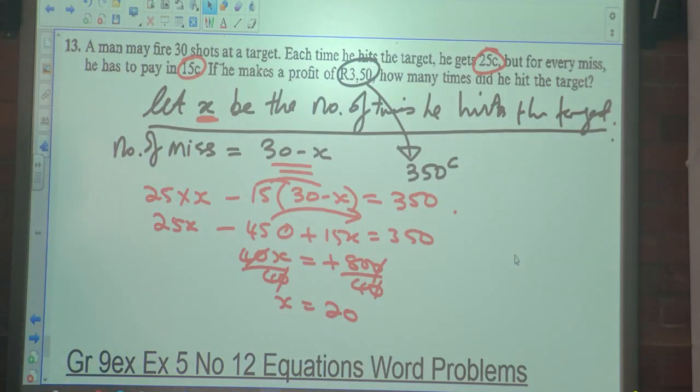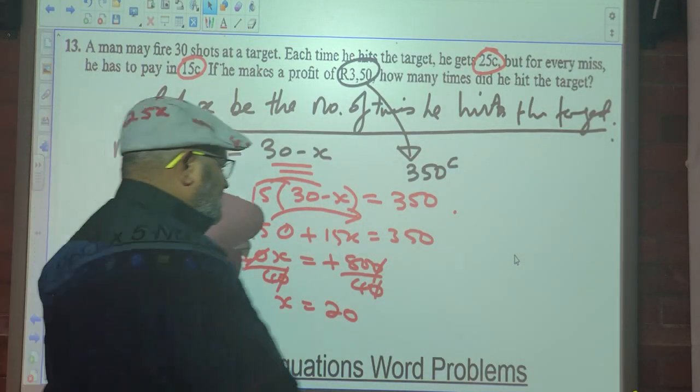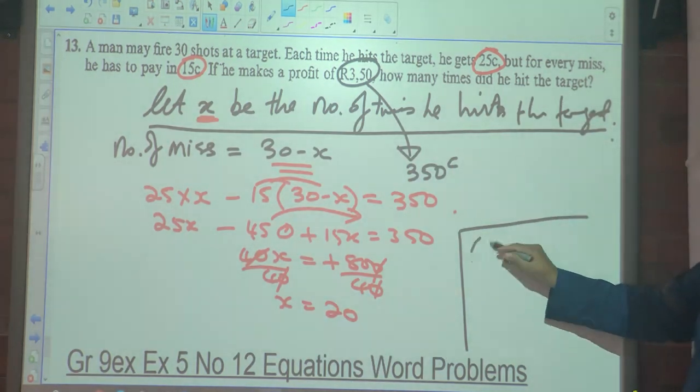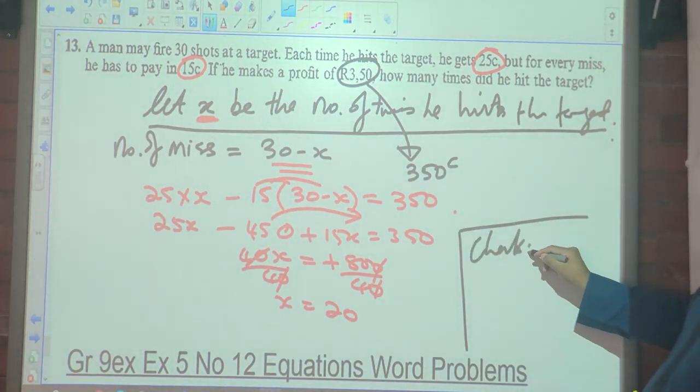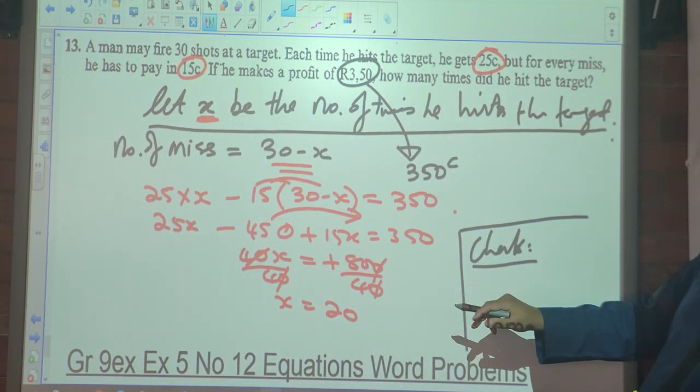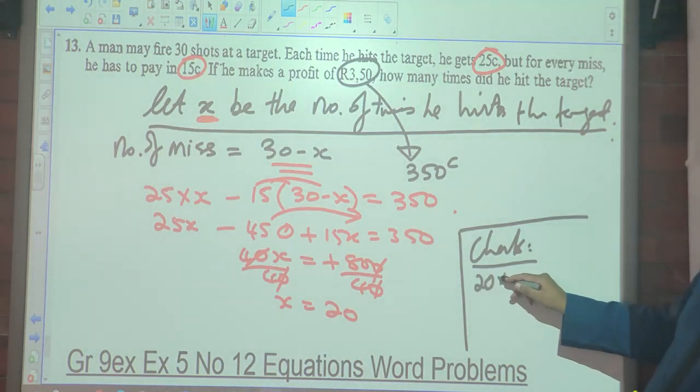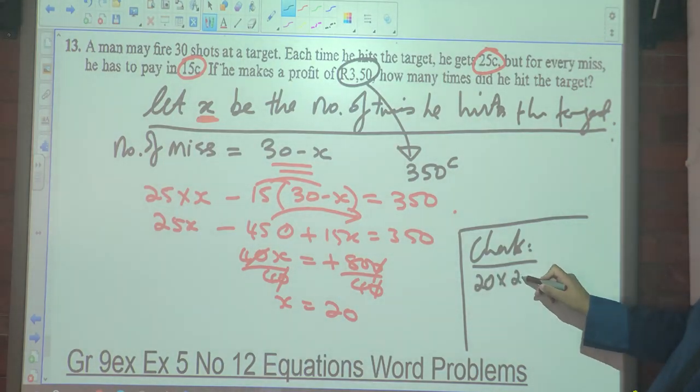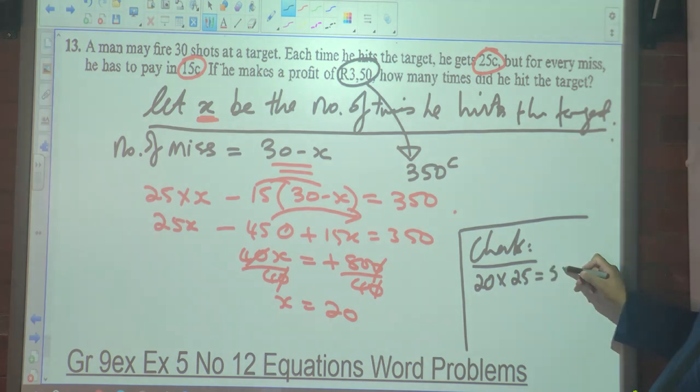And he misses the target 10 times. Okay, and we can check. You don't have to check, but let's check. If he hits 20 times, it's going to be 20 times 25 cents, which is 5 rand.